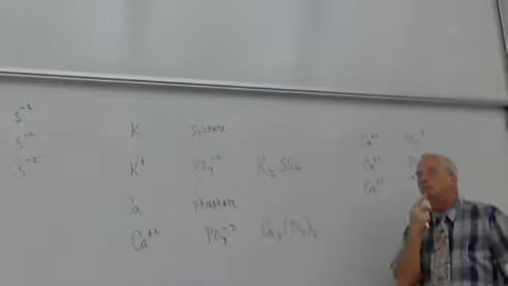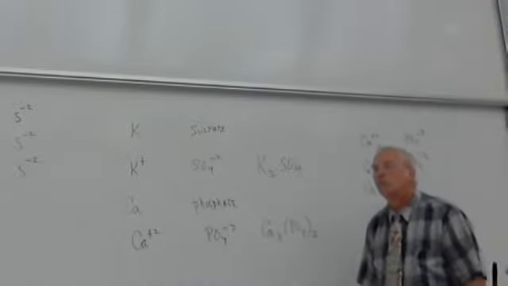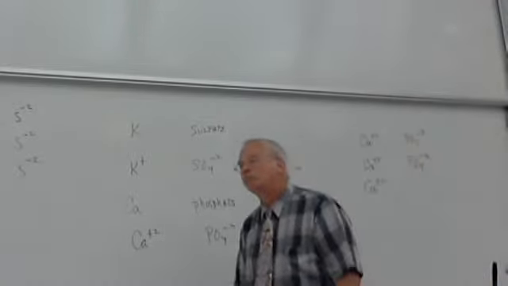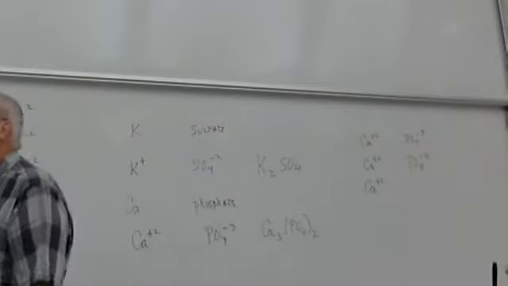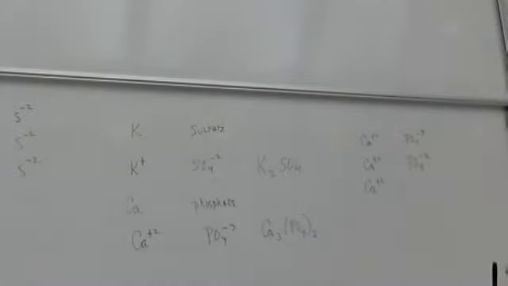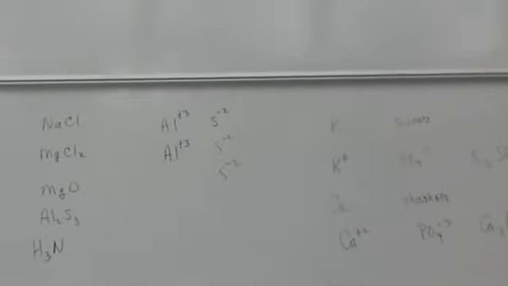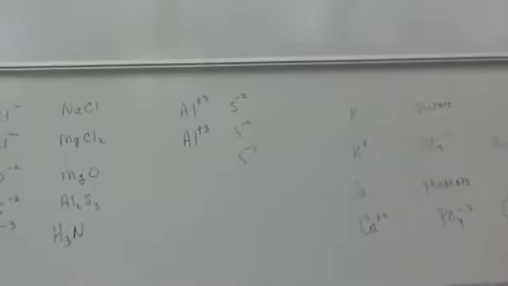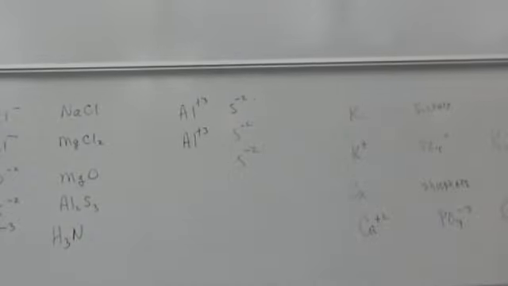Just so I'm sure, to get the charge on the substance that we can't find on the periodic table, where do you get that? It's always the answer to the question, what does this guy have to do to become like a noble gas? So look at magnesium. He's element number 12. Who's the closest noble gas to him?